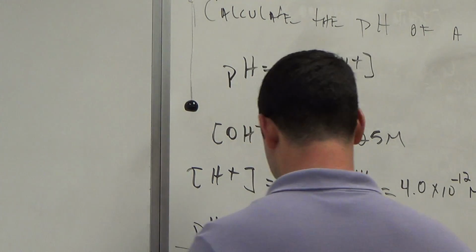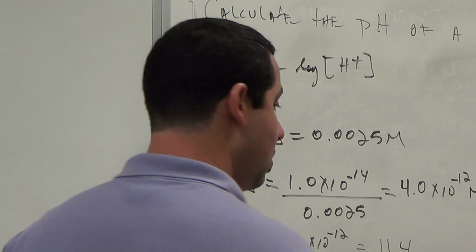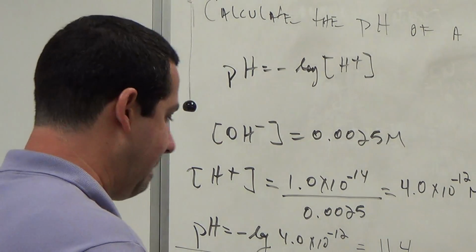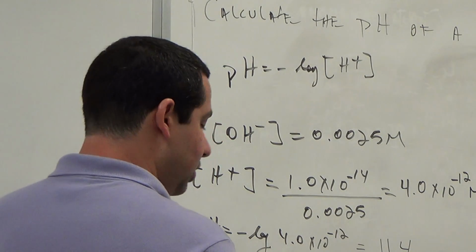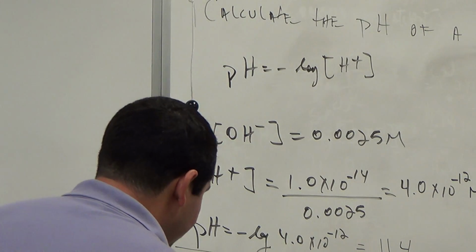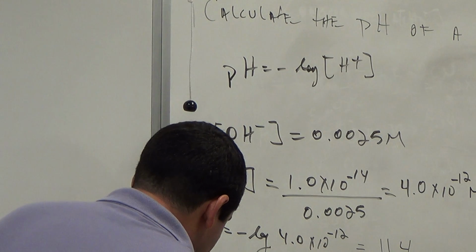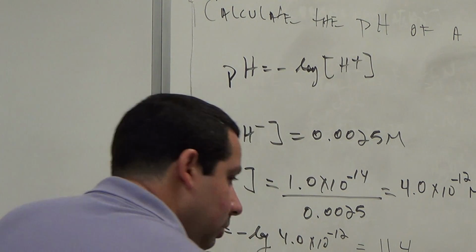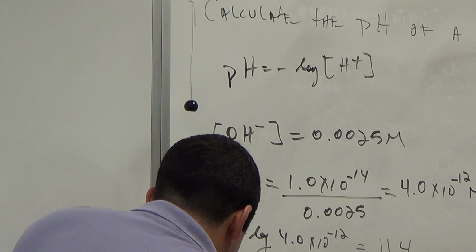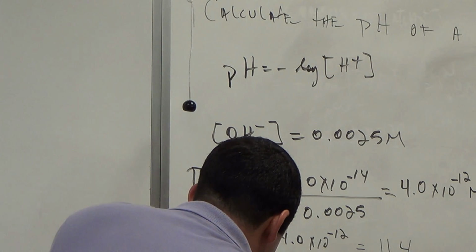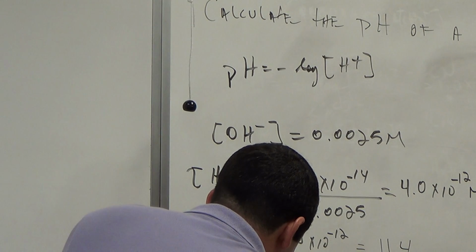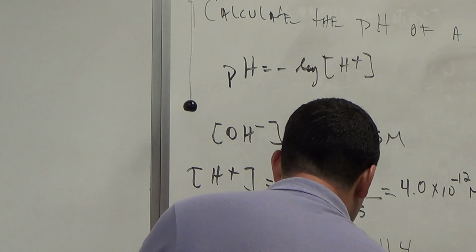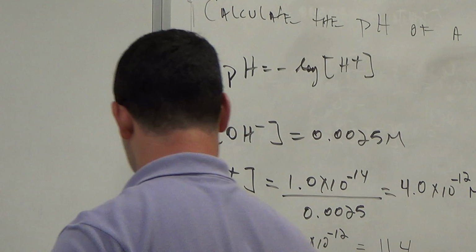So now I have the pOH. pH does not have units, okay? The units are pH. pH plus pOH is equal to 14. So the pH is equal to 14 minus 2.6, what is that equal to? 11.4. Okay, cool.